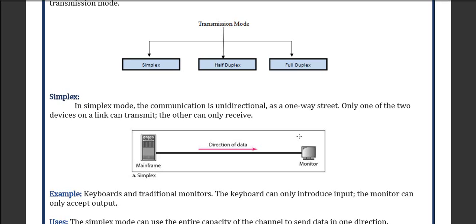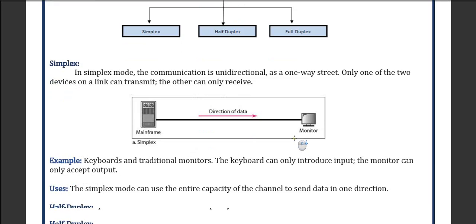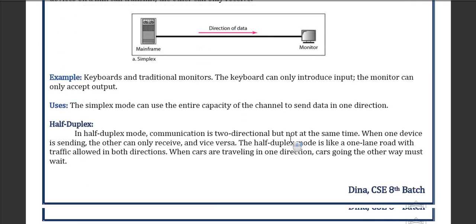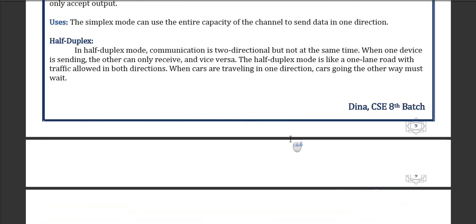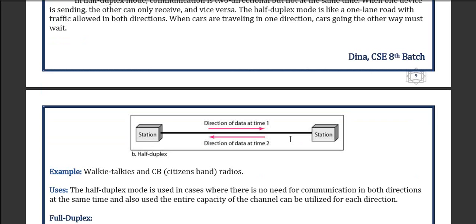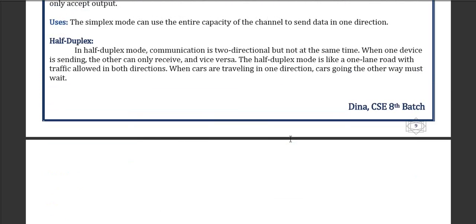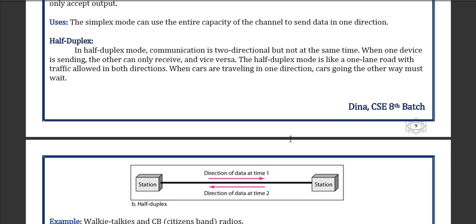As you can see in this diagram, the CPU is sending data to the monitor and the monitor only receives it, but it cannot send any data to the mainframe. So this is known as simplex. Now half duplex. Half duplex is a transmission in which one can send data and another can receive it.